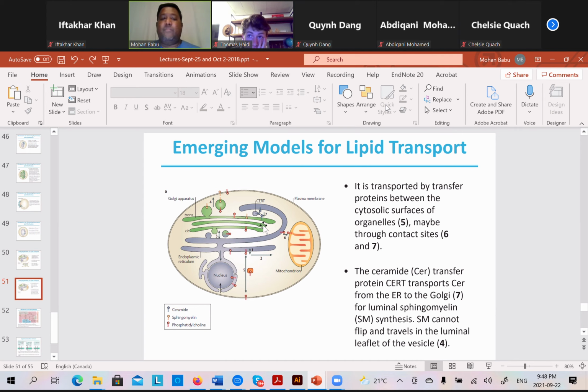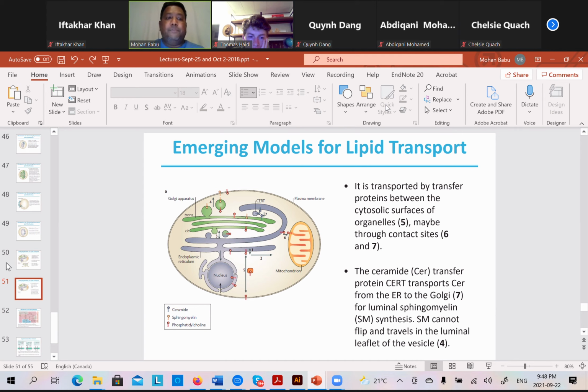But keep in mind the sphingomyelin cannot flip. What they do is they travel in the luminal leaflet of the vesicle. So basically, the sphingomyelin will not flip, but through vesicles, they travel via the luminal leaflet of the vesicle.